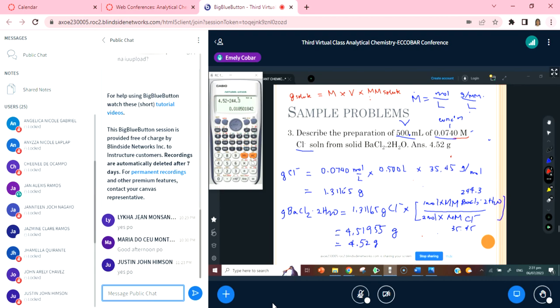Then we divide by the volume, 0.5. Let's see the answer. If we express the concentration of this solution in molarity of barium chloride dihydrate, the concentration is 0.037003684. Do you get it?